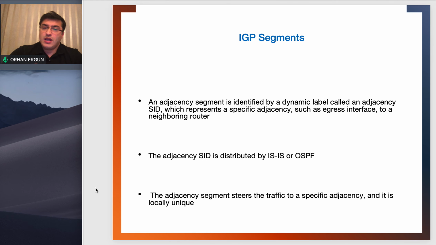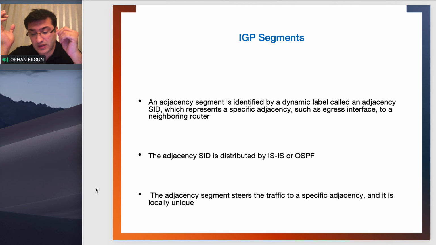But let me tell you something. Probably we will see some topologies for this one as well. Let's say you have two paths. One path is utilized by ECMP, so it's the primary path, I mean. Another, normally, without segment routing, if you would just use OSPF or IS-IS, wouldn't be used at all. As you know, if the cumulative cost from the node to the destination is the same, then you can have ECMP.